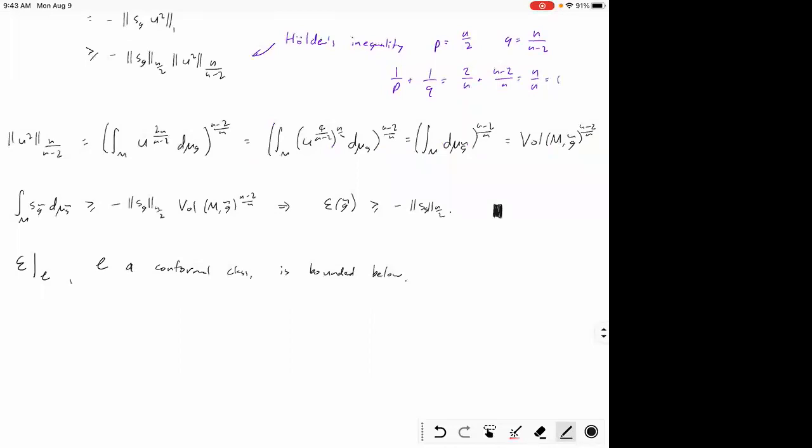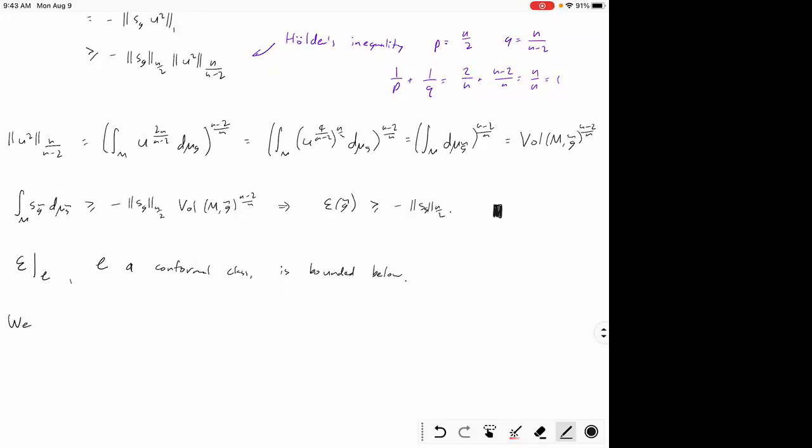Rescaling by a positive number doesn't change the value. Rescaling by a positive function does, but we have some information about how much the functional can change in a conformal class. It has a lower bound given by this expression here.